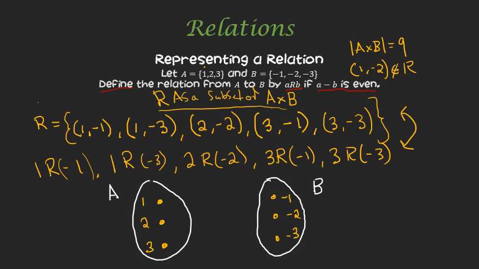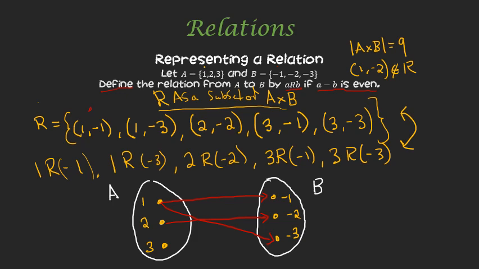And now I'll draw the relations. I'll draw an arrow from an element A to an element B, if A is related to B. So looking up here, 1 is related to -1, so I'll draw an arrow from 1 to -1. 1 is related to -3, so I'll draw an arrow from 1 to -3, and so on. 2 is related to -2, but none of the others, so that's the only arrow from 2.